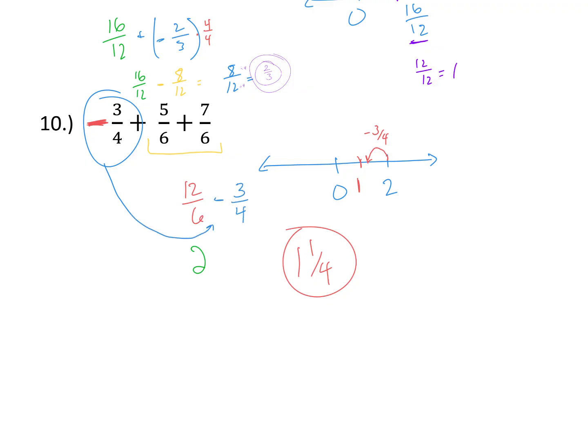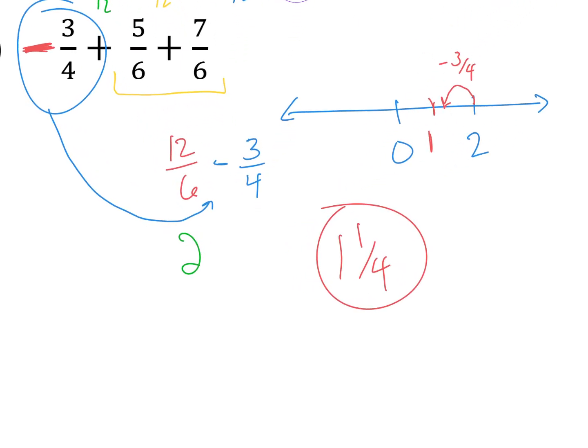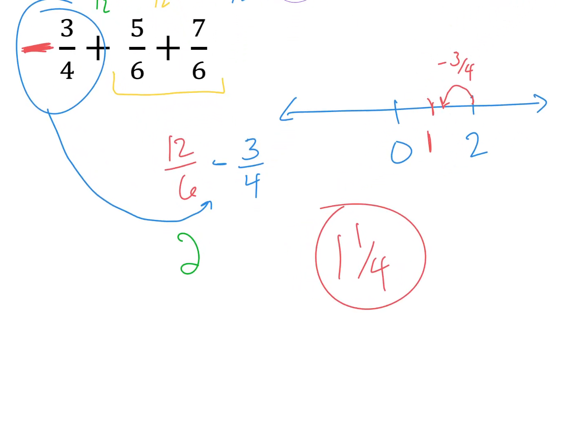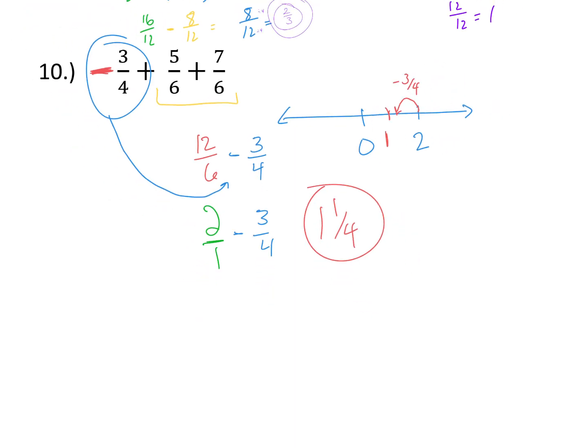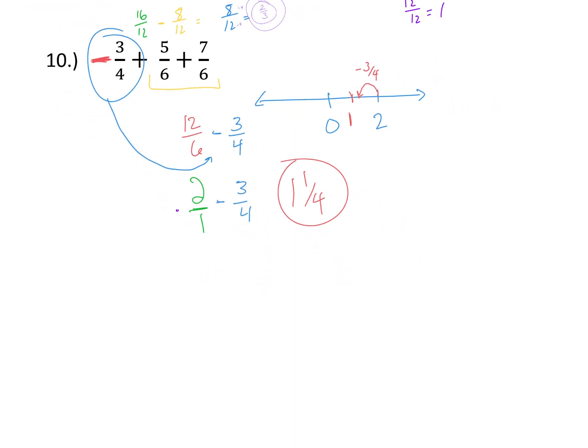Minus 3/4. Uh-oh, they don't have a common denominator. We could find one. Since this is just 2 over 1, we could multiply it by 4 over 4. You have lots of options. There are lots of different ways to make this happen.